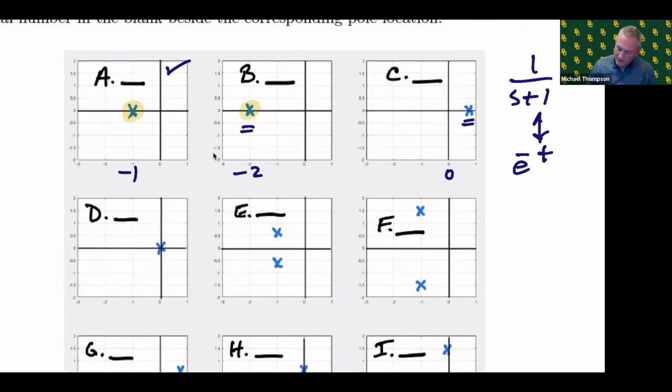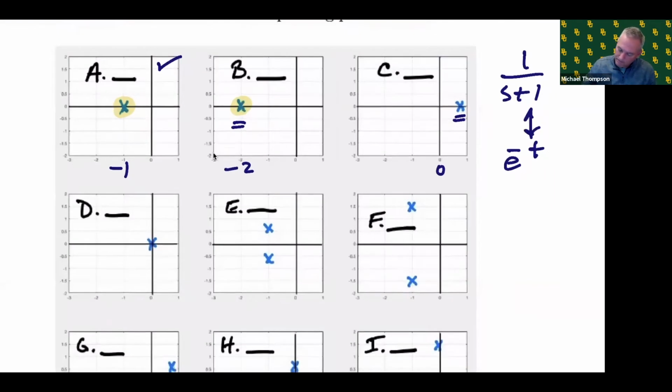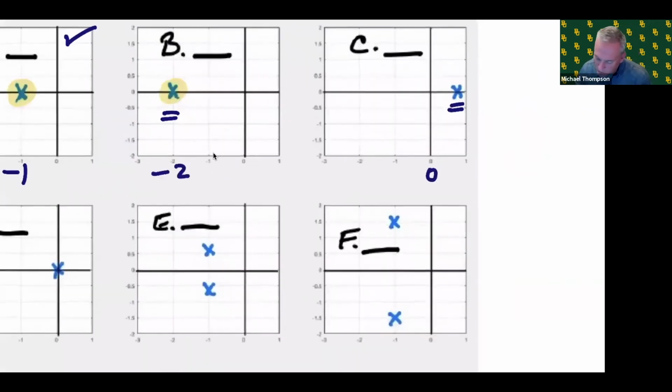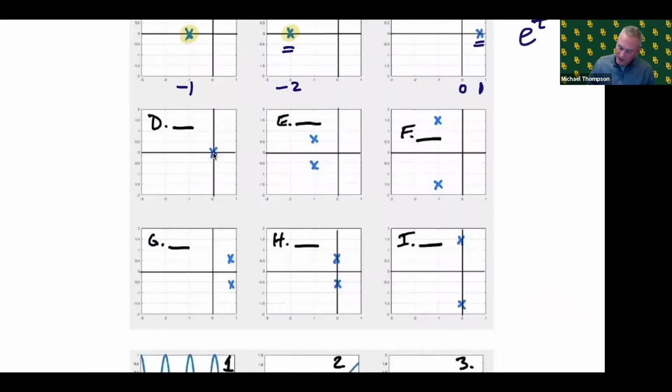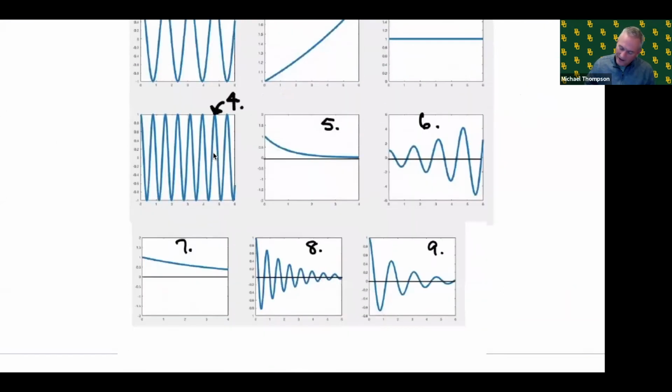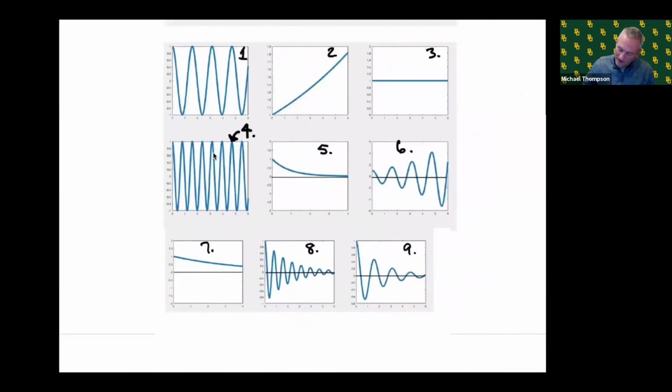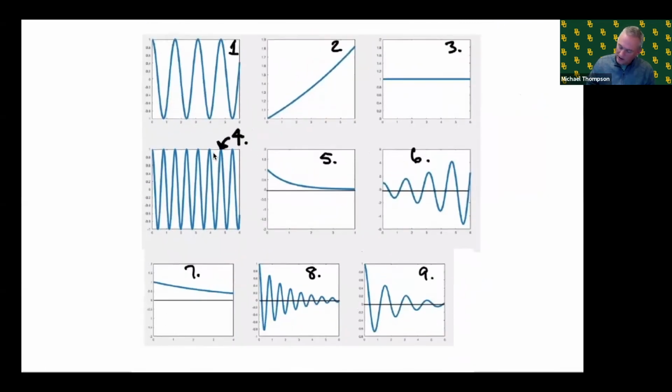Okay, and then how about part C? This is a 1 right here. What would that be? e to the t. Okay, so I look down at my choices here, and I'm trying to match those up, and I have an idea of what an exponential looks like.